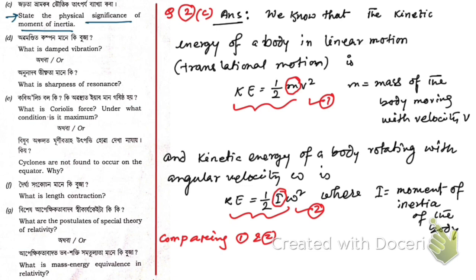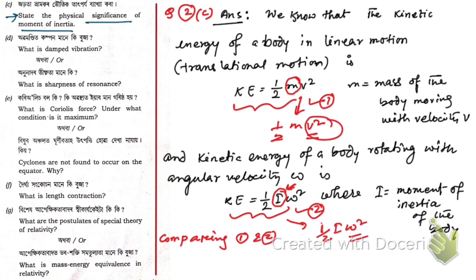It plays the role of mass, okay? Moment of inertia plays the role of mass in case of rotational motion, because this is, you see, half mv square, this is linear velocity, and this is half I omega square, this is angular velocity.